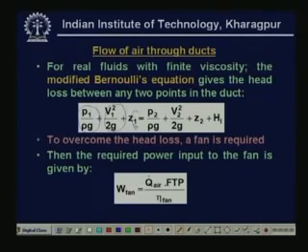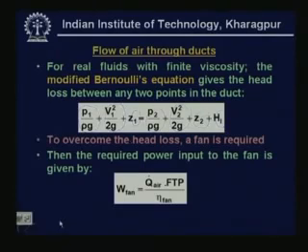This is head due to elevation. Similarly, this is the static head at point 2, this is the velocity head at point 2, this is the head due to elevation at point 2, and HL is the loss, as the fluid flows from one point to the other. And here we call it head, if you remember, because all these parameters have units of length. That means everything is in meters if you are using SI units.